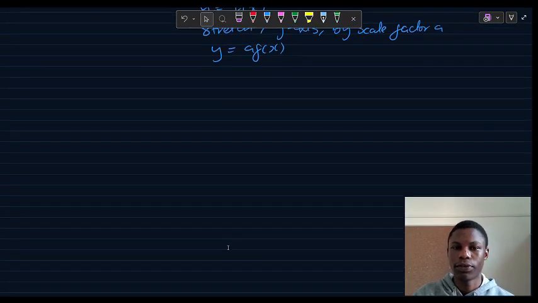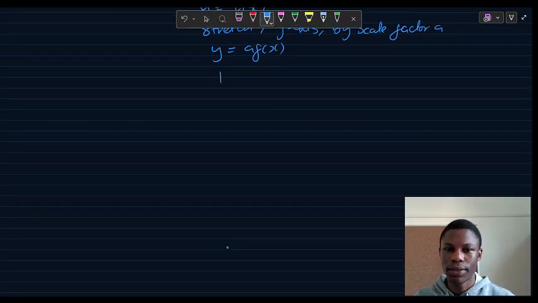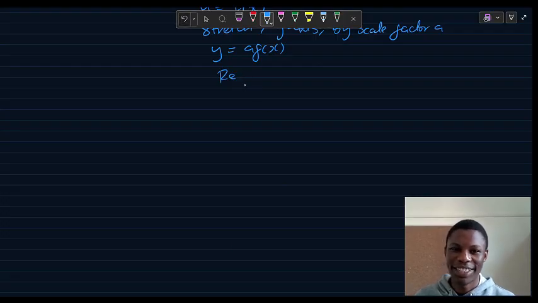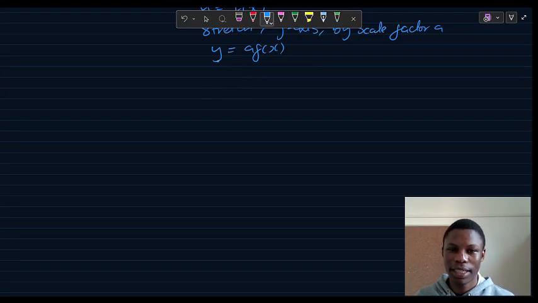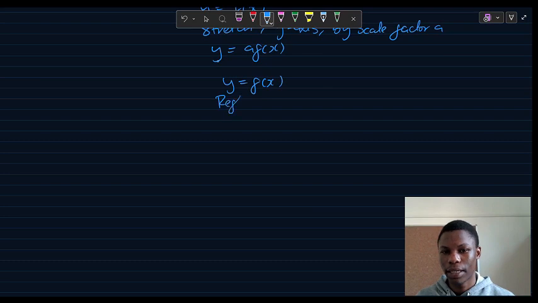All right, and then you've got your reflections as well. So reflection, again, you're starting with y equals f of x. If you reflect in the x-axis, it makes your y values negative.